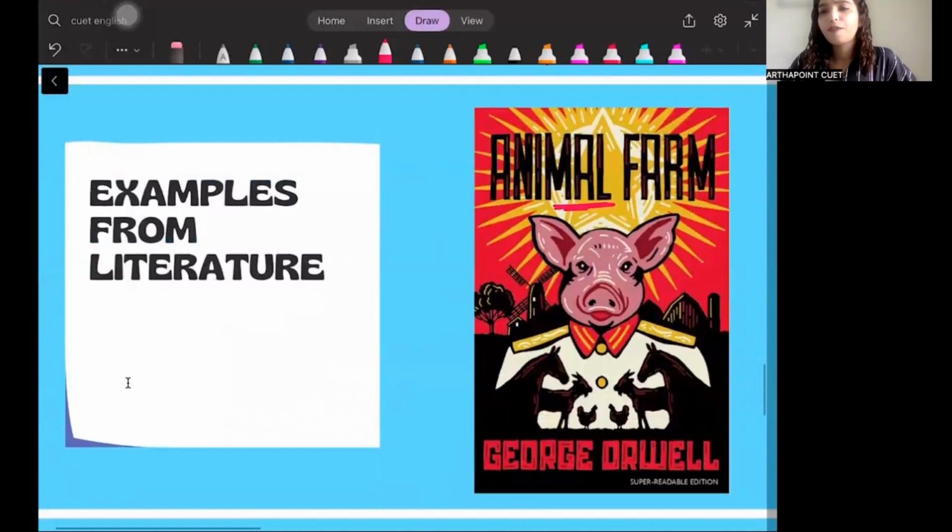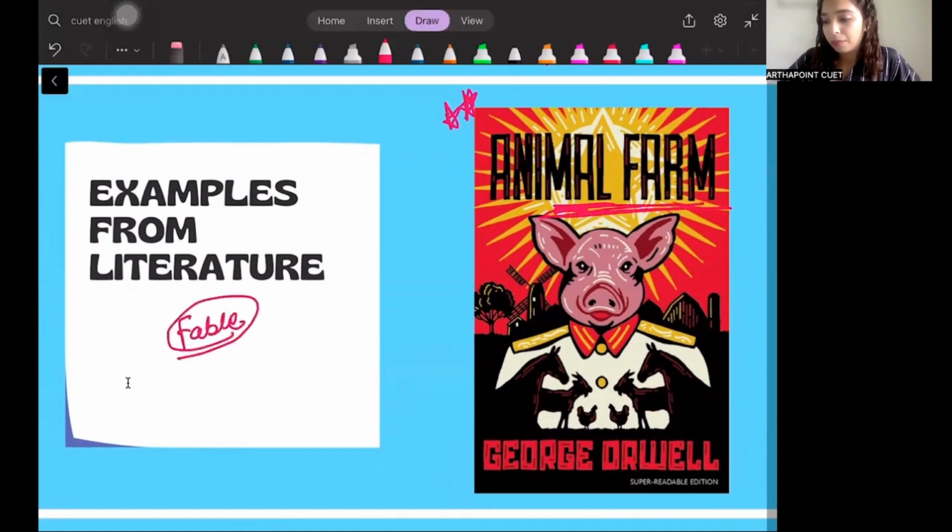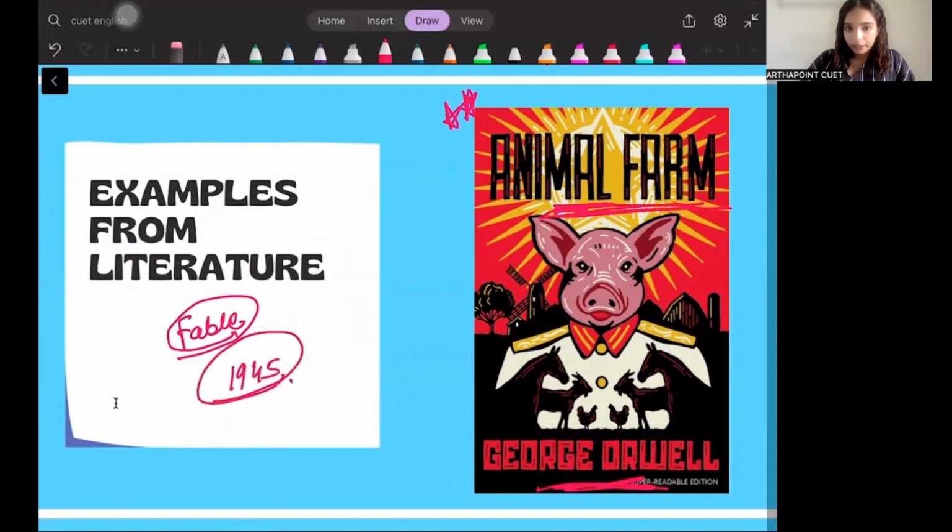Next, we have a very, very important allegory, Animal Farm. This is a fable basically. Right, so third example, of course, you must know the author's name. This is a work by George Orwell. George Orwell's Animal Farm was published in the year 1945.